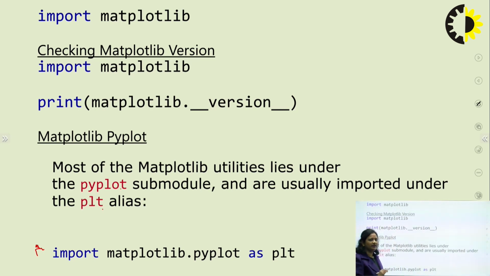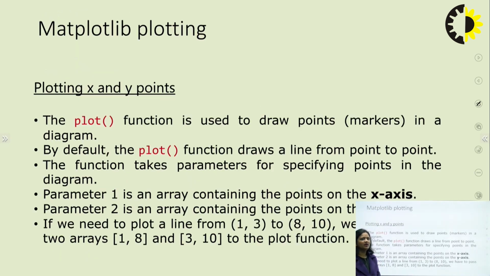Now we are ready to use Matplotlib's built-in functions, and we can draw a graph using this statement: import matplotlib.pyplot as plt. This is our first statement in the Matplotlib program. It has various functions.